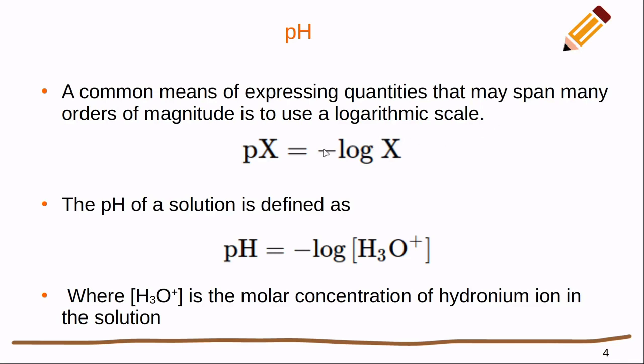The negative here has to do with the fact that these are typically really dilute solutions. If it was just the log, all these values would be negative. We don't want that. We want them to be positive, so we use the negative there. So the pH of a solution is defined as the negative log of the hydronium ion concentration, and that's a molar concentration, so this is molarity.